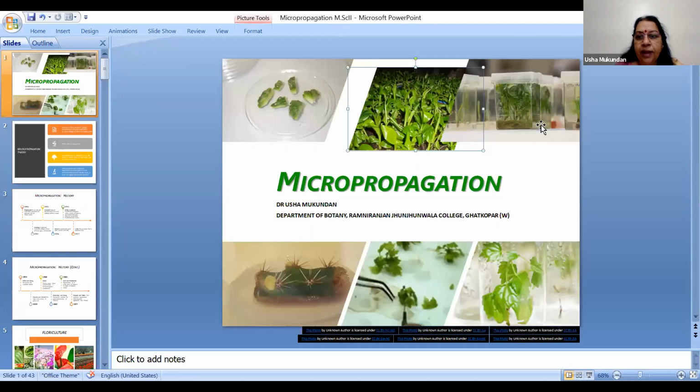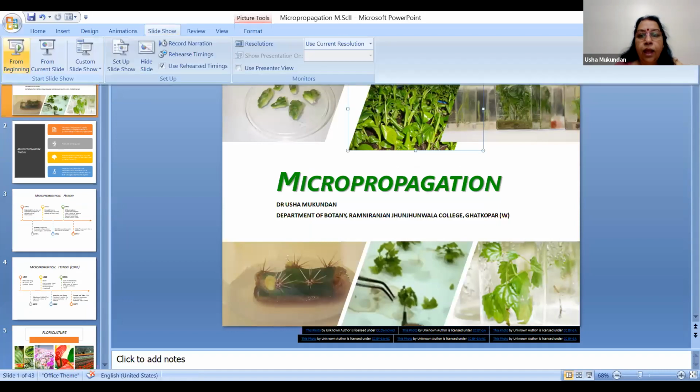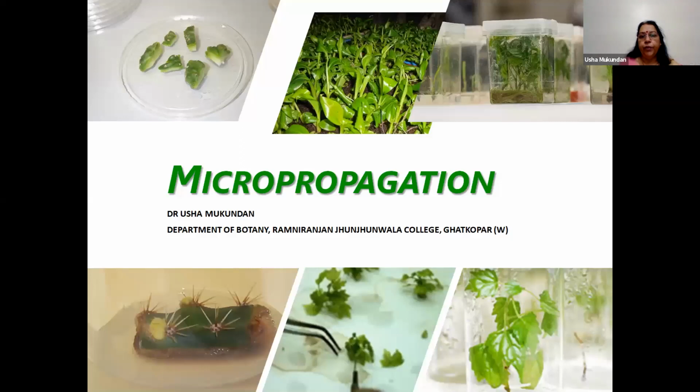So welcome back, and now we are going to start with the application part of it. As the name is suggestive, micropropagation means mass propagation using small starting material. Micro means very small.